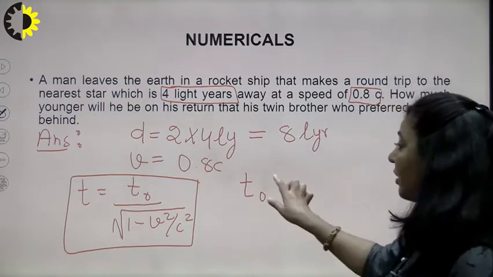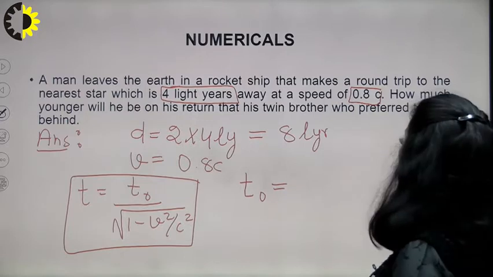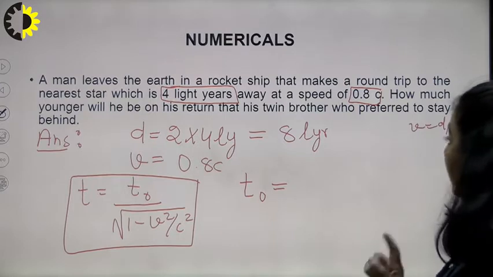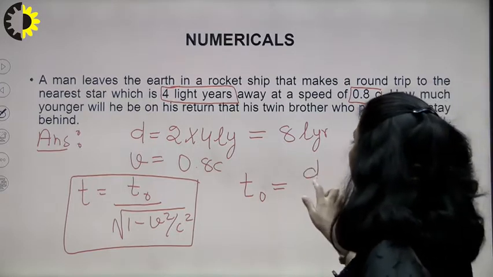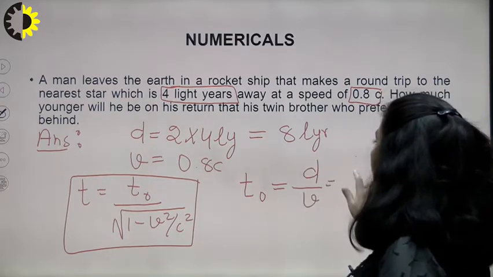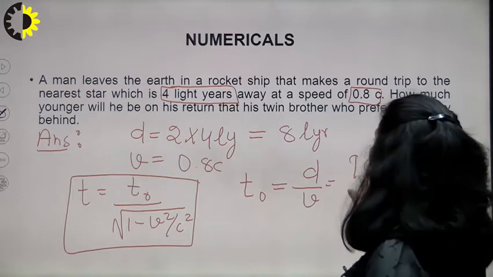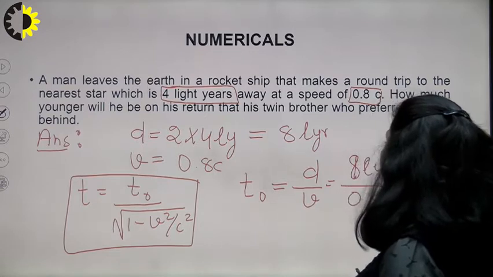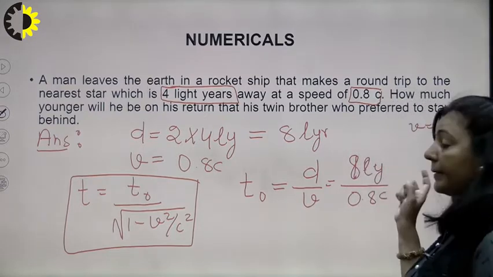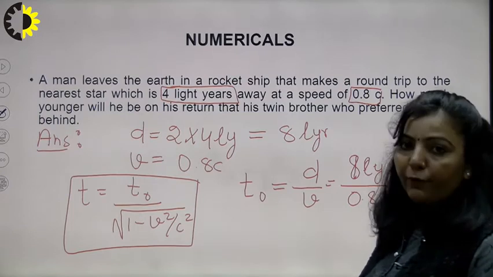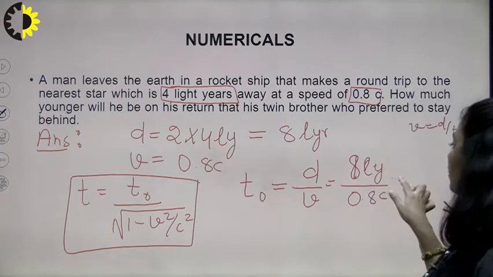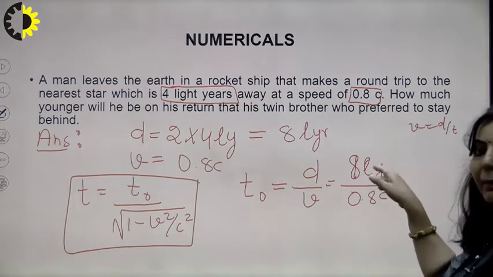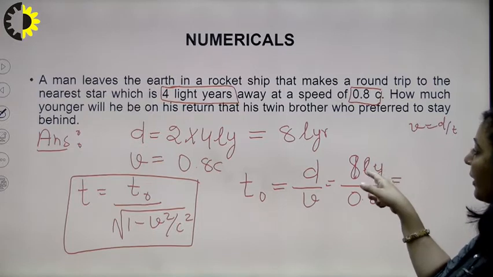So T is given in this particular question, because you know velocity is equal to distance upon time. So if you want to calculate the time, then that will be equal to distance upon the velocity. This distance is 8 light years, upon speed 0.8 c. Light years, as you know, is a unit of distance, so there will be a factor of c here.